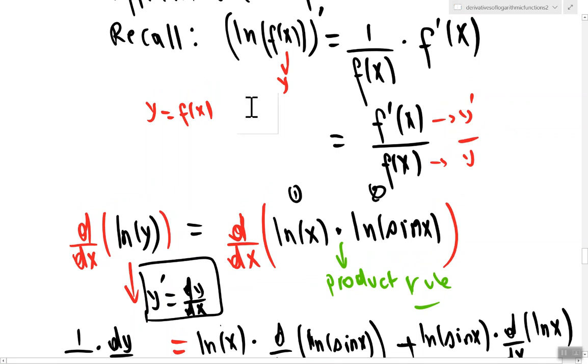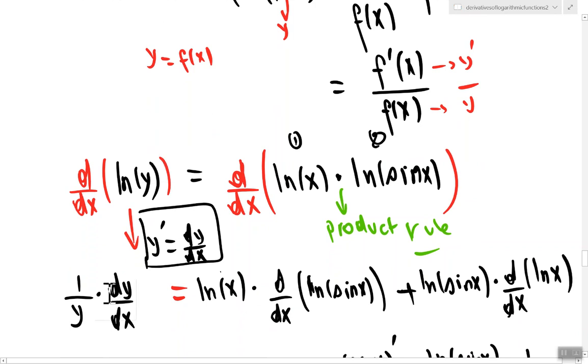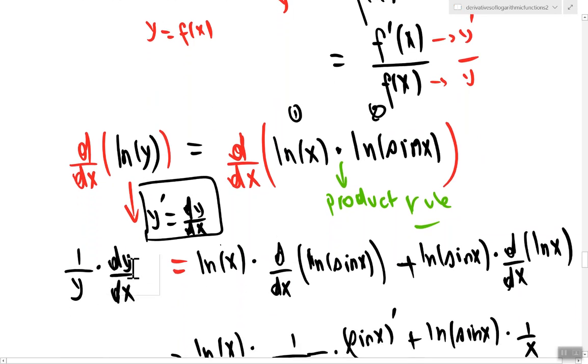If you take the derivative of ln of y, it's basically y prime over y. So on the left side, it's going to be y prime over y, or since we're using d/dx, we can write it as 1 over y times dy/dx. So y prime is dy/dx.